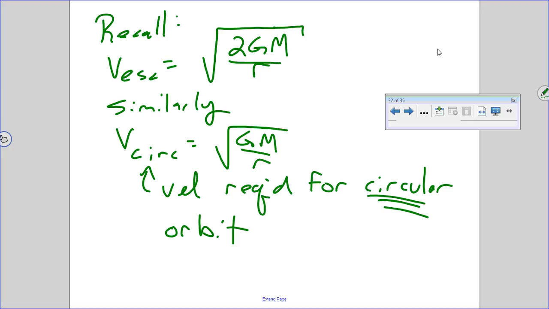So if I wanted to put an object in a perfectly circular orbit around the moon, I'd have to launch it perpendicular to the moon's radius, at that velocity. Correct. And it has to stay at r, where r is the distance you are away from the center of, in this example, the moon. Gotcha. Good?